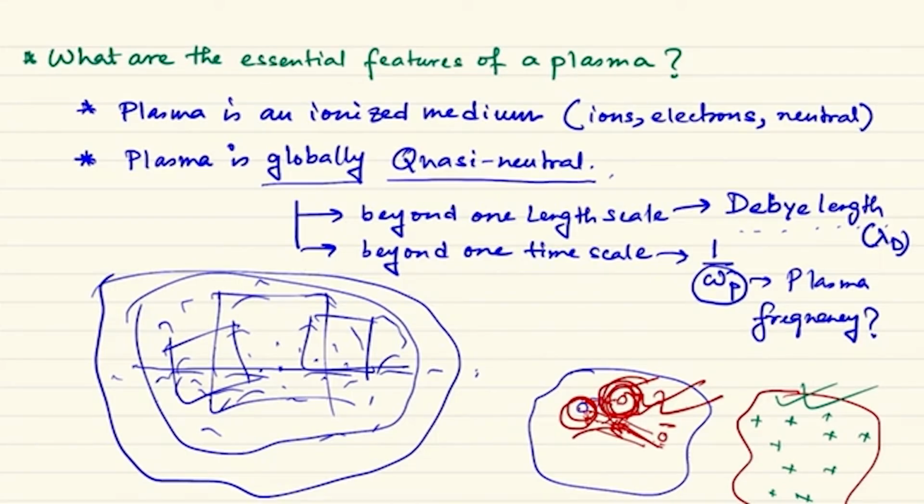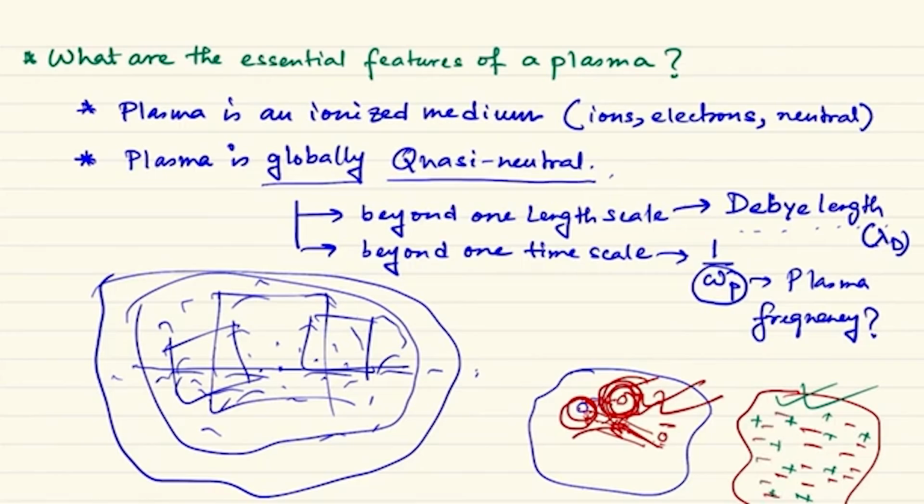They are not protons, they are ions. And the negative species are the electrons, which are very, very light, so they can move anywhere they want.